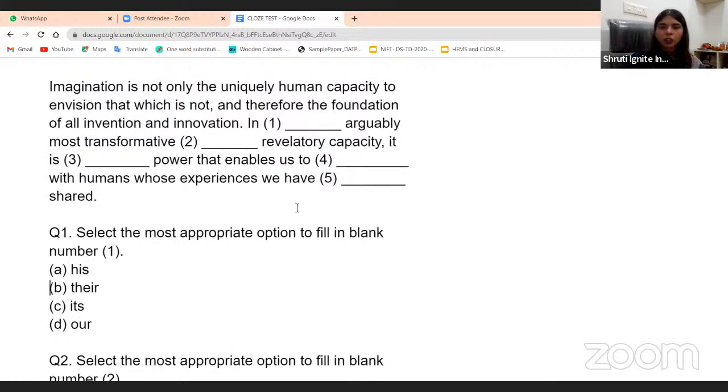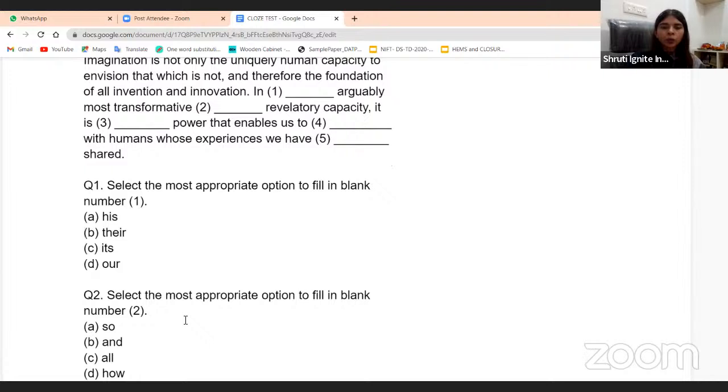Now let's come to the second question. Select the most appropriate option for question number 2.